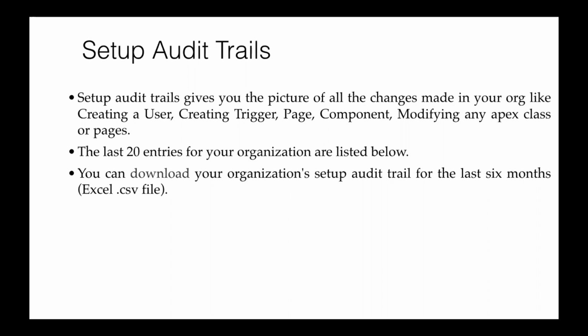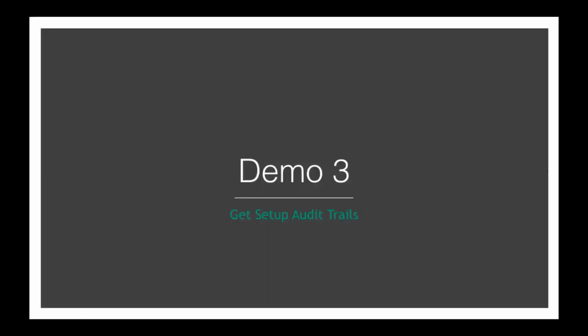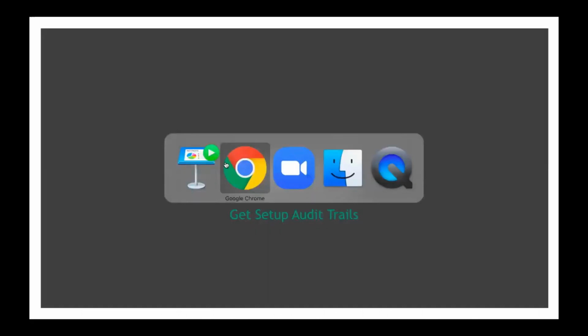Now they want to check which particular deal or which particular information was altered before those reports were generated. This is where the setup audit trail comes into the picture. The admin can download it, see which user made changes in the system, and easily track that information. So let's see how we can set it up and how it looks.